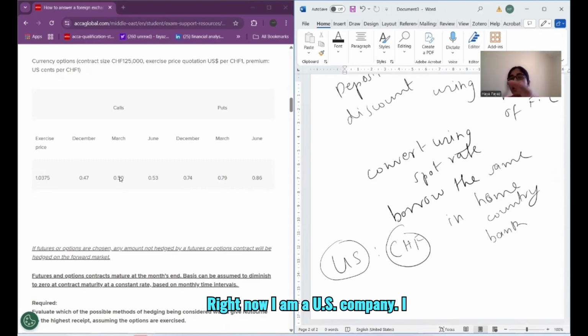Now I am a US company, and I am receiving a CHF receipt. CHF is my counter currency. It is all about what the counter currency is. What are you going to do with it? Are you going to buy it or are you going to sell it? It's all the game of that. So you're going to sell the CHF, right? You're selling the counter currency.